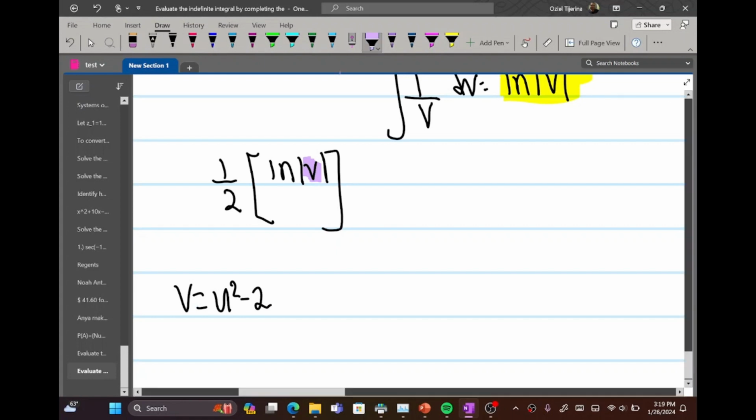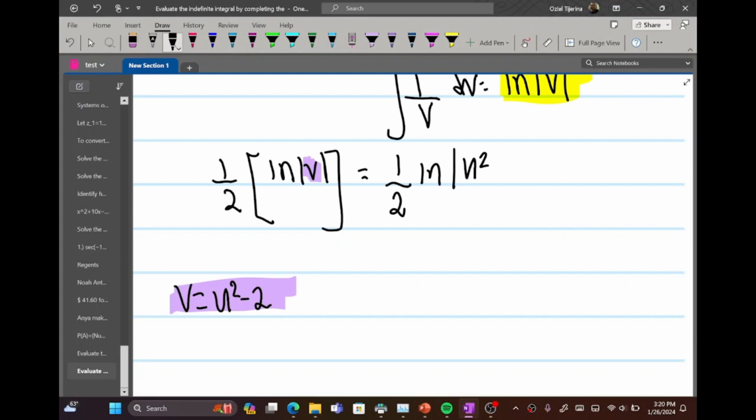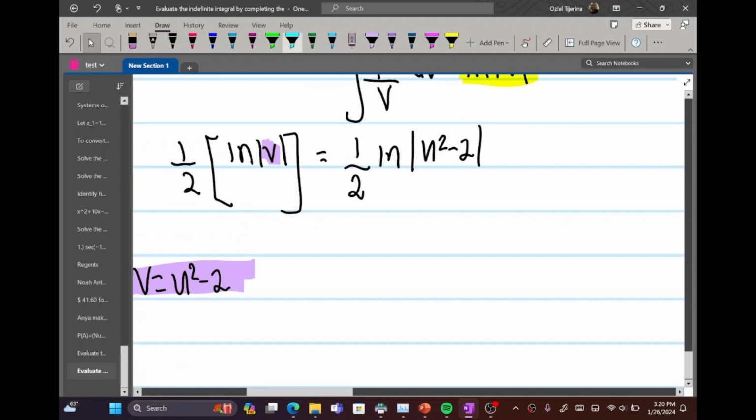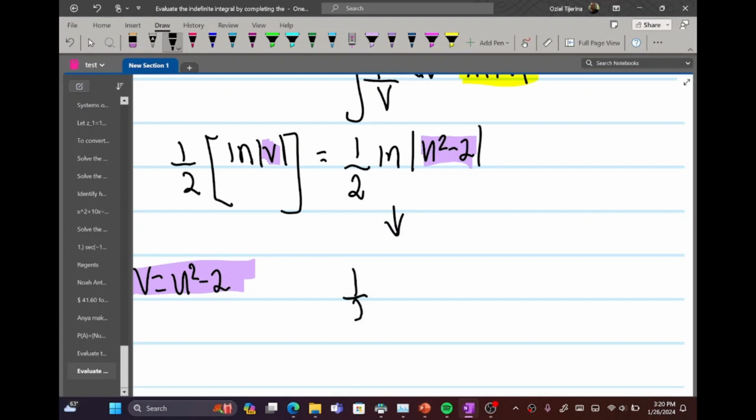So I know that that's what v was. So this is equal to 1/2 natural log of absolute value of u squared minus 2. And now I'm going to go ahead and rewrite this. So again, 1/2 natural log of absolute value of u squared minus 2.